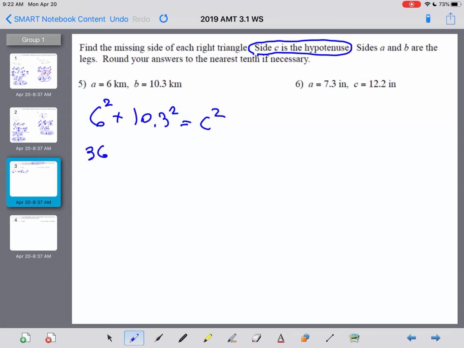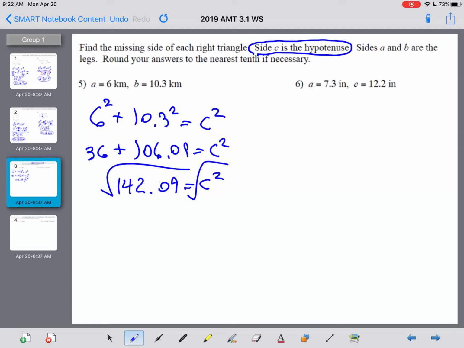I know this is 36. 10.3 squared is 106.09 equals c squared. So I'm going to add those together. So I get 142.09 equals c squared, square root like we did.